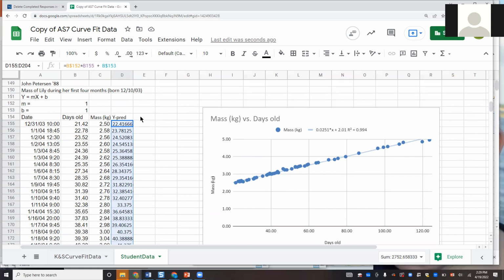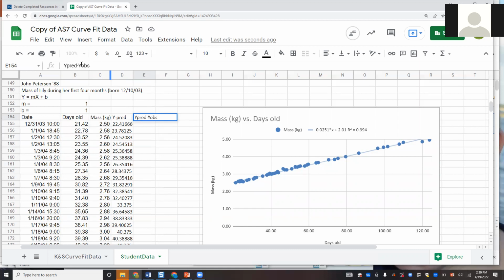What we're going to do now is put in here the predicted minus observed. So y pred minus y observed. I'll get rid of that little dash there because that's confusing.